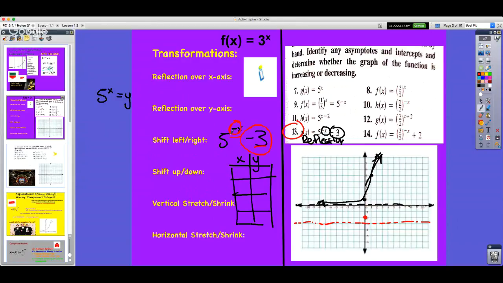So let's say we plug in -1, okay? So if we go left 1, -1 would turn into what? What would turn the first? 5. Yep, -3 is 2, right?